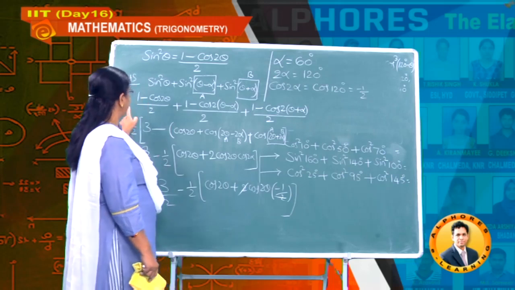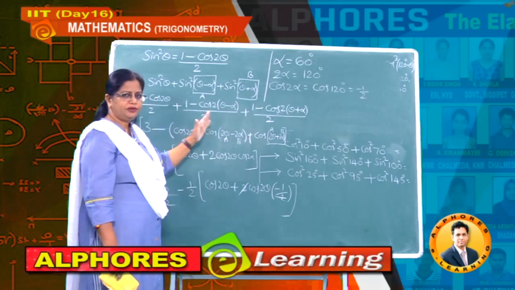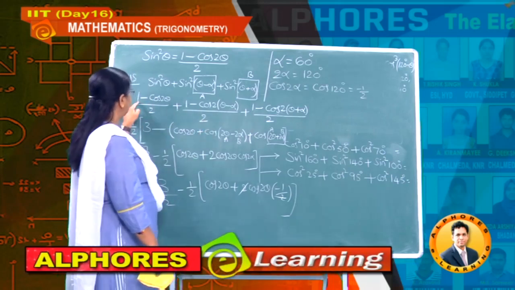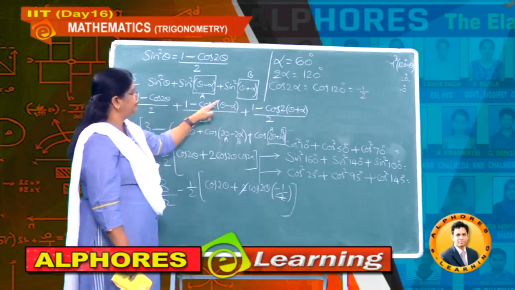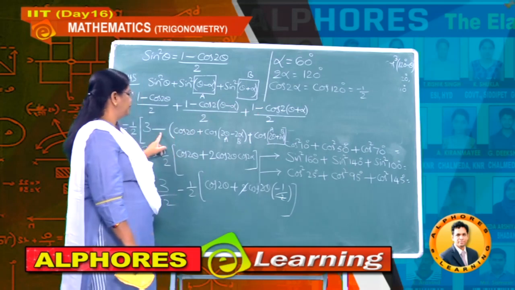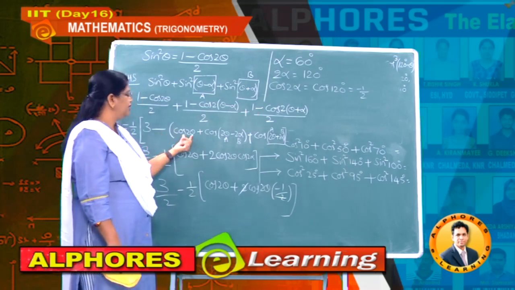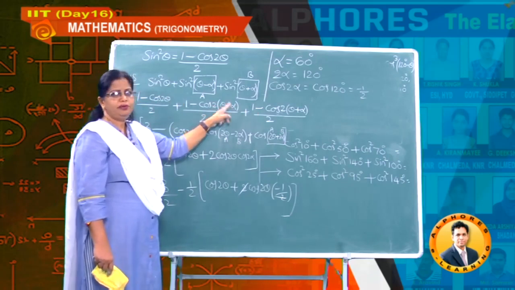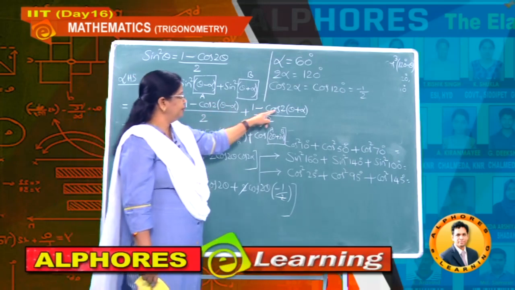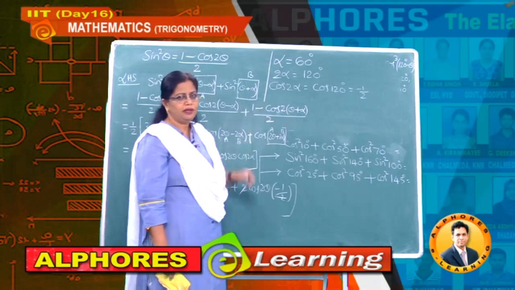And later we separated this denominator 2 outside, and after that 1 plus 1 plus 1, 3 we wrote, and in these 3 we have taken minus common. After taking minus common you got cos 2 theta plus cos, we multiplied 2 theta plus 2 alpha, and next value 2 theta minus 2 alpha, okay.